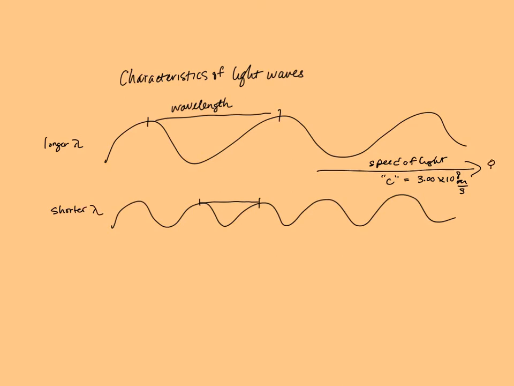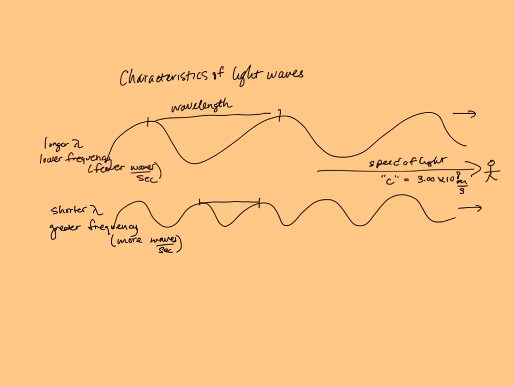Now, if you were standing here watching these waves go by and they were traveling at the same speed, you would actually see more of the lower waves pass by. And that gives this particular wave a greater frequency. In other words, there are more waves per second that would pass by you as an observer.